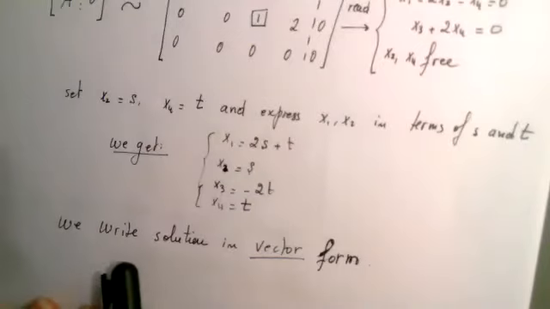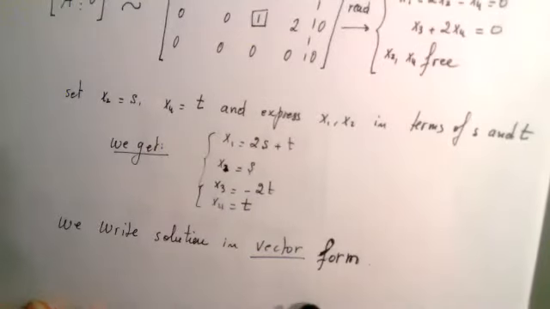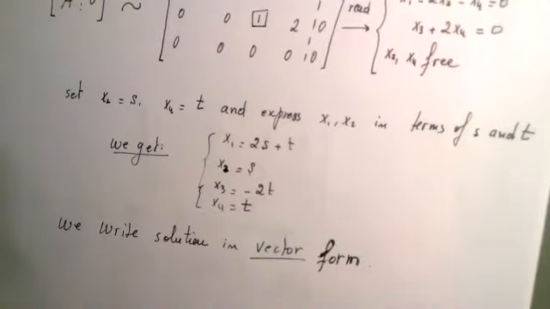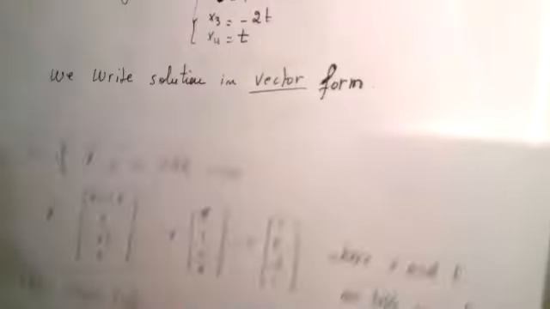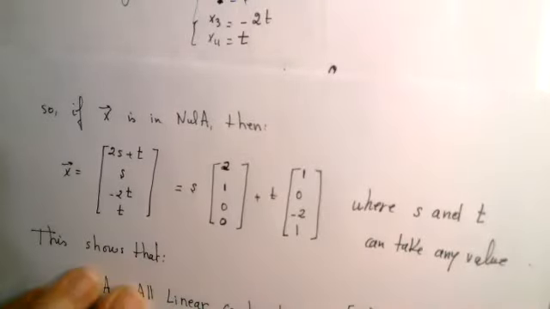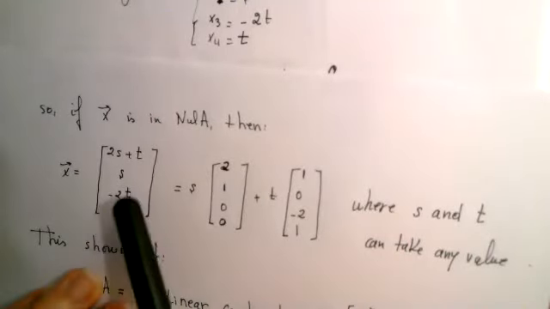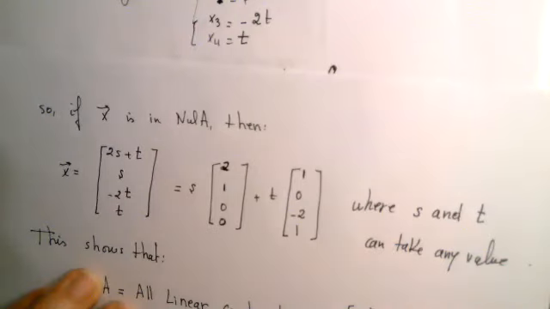And now we have to write the solution in vector form. I repeat, this is going to be the key because this is going to give us the basis. So this is my solution: x equals (2s plus t, s, minus 2t, t). How do we write it in parametric vector form?